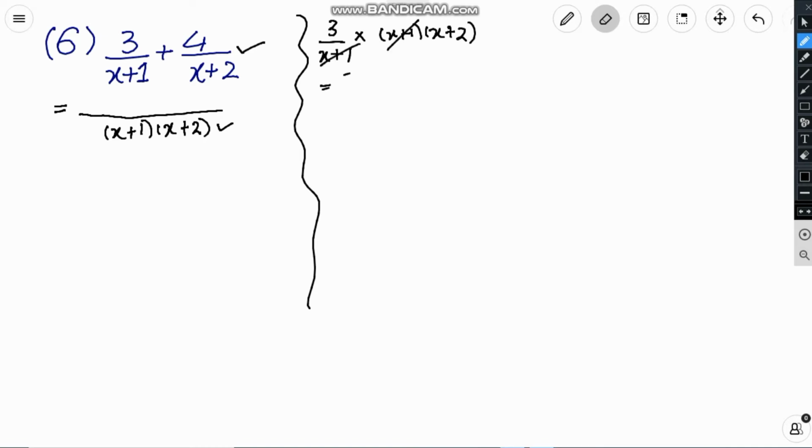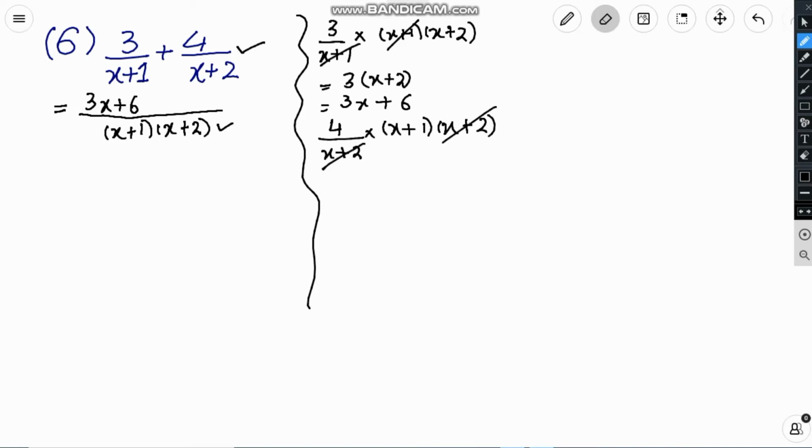So what remains here? 3 into x plus 2. Just simplify it, it will become 3x plus 6. So write 3x plus 6 here. Now take the second rational expression, that is 4 by x plus 2, and multiply it again with x plus 1 and x plus 2. Cancel x plus 2 with x plus 2. What remains here? 4 into x plus 1.